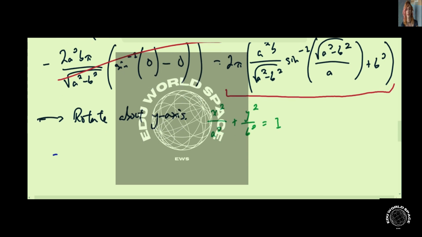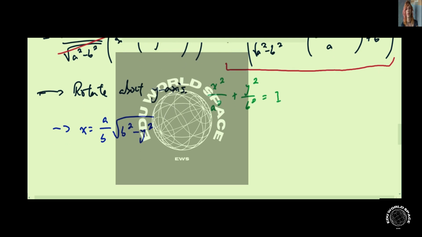So by solving for x, we would have basically the same thing as we did. We would have it as a over b times square root of b squared minus y squared, which means that x prime as a function of y would be equal to negative a times y over b root b squared minus y squared.